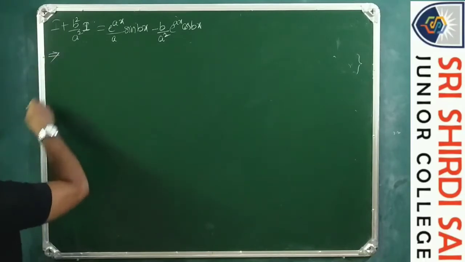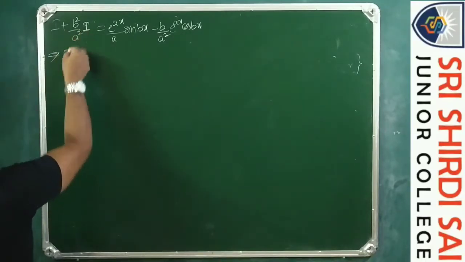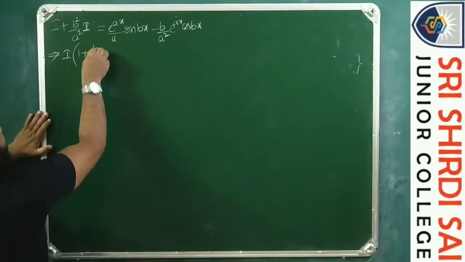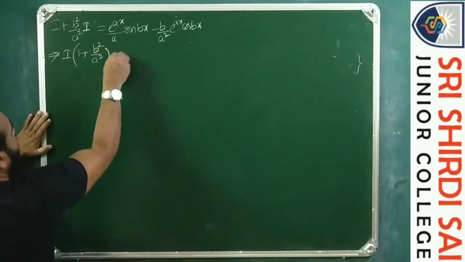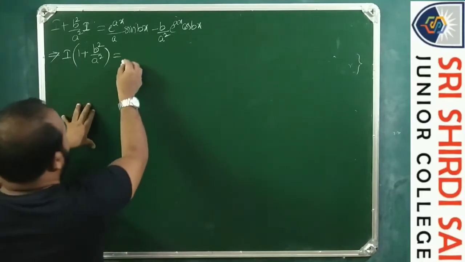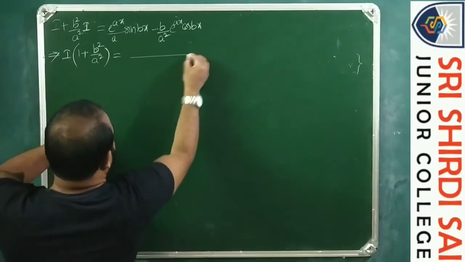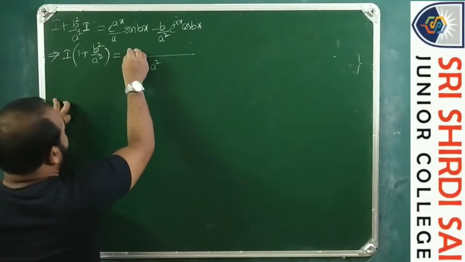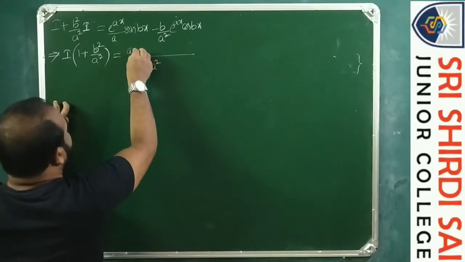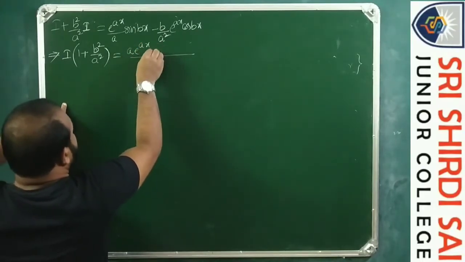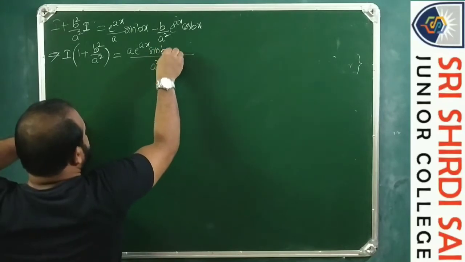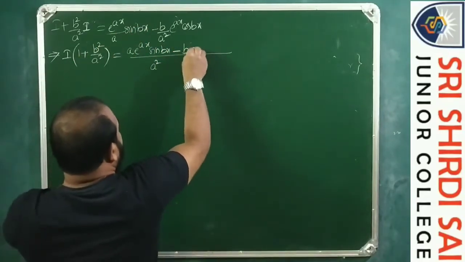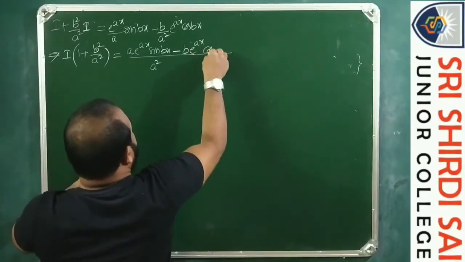Take I common in both of them: its coefficient is 1 plus b square by a square, equals, here LCM is a square, a e power ax sin bx minus b into e power ax into cos bx.